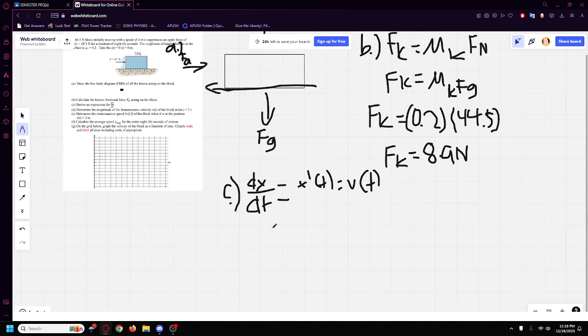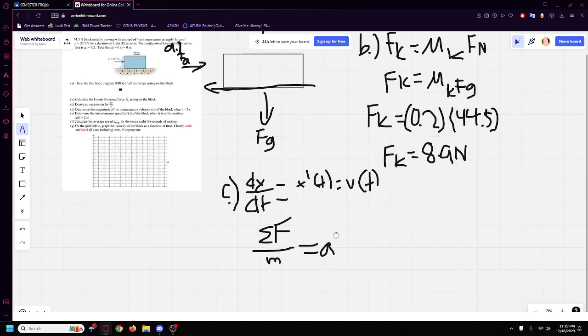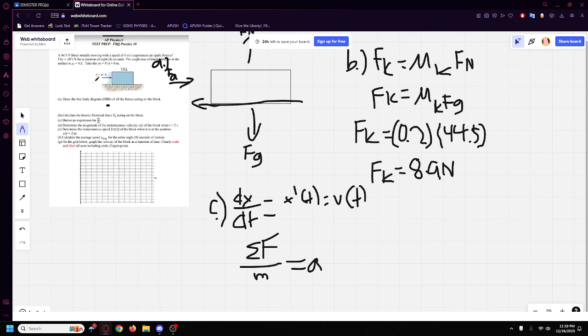Acceleration can be found with the formula net force over m is equal to a. The net force is Fa, the applied force, minus Fk, the kinetic force, over the mass.